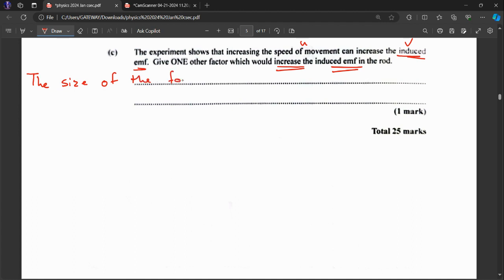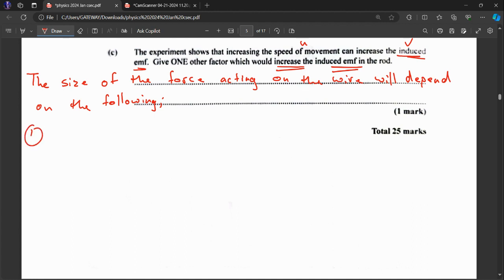The size of the force acting on the wire, or the rod in this case, will depend on the following.